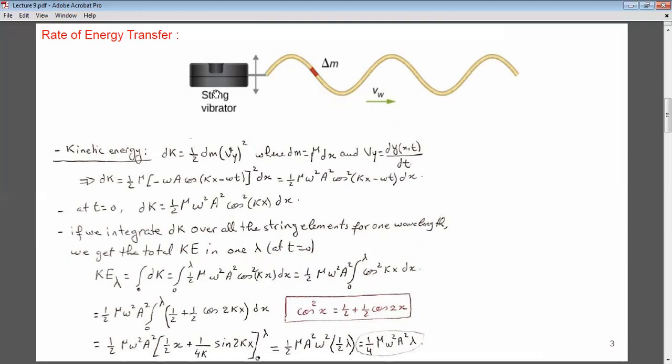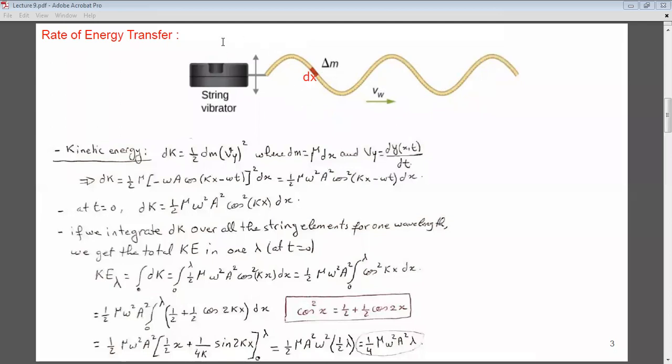This way, energy enters the system and propagates along the length of the string. Each element of length dx, so let's consider this element here in red. So this element of length dx has mass dm or delta m, okay?